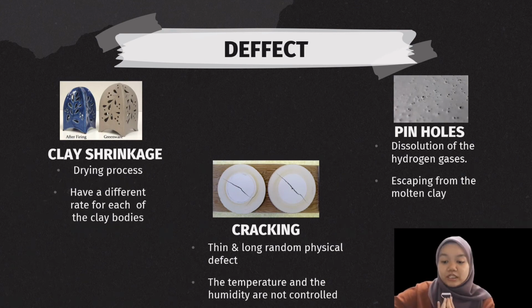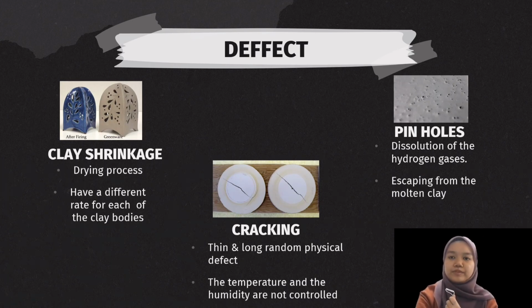To make sure that the finished teapot is in good condition, we need to control the temperature and humidity so that the shape of the teapot lasts until the firing process.